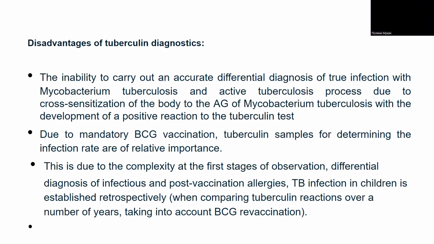A disadvantage of tuberculin diagnosis is the inability to accurately differentiate true infection with Mycobacterium tuberculosis from the active tuberculosis process, due to cross-sensitization of the body to the antigens of Mycobacterium tuberculosis, with the development of a positive reaction to the tuberculin test. Due to mandatory BCG vaccination, the tuberculin test for determining the infection rate is of relative importance.